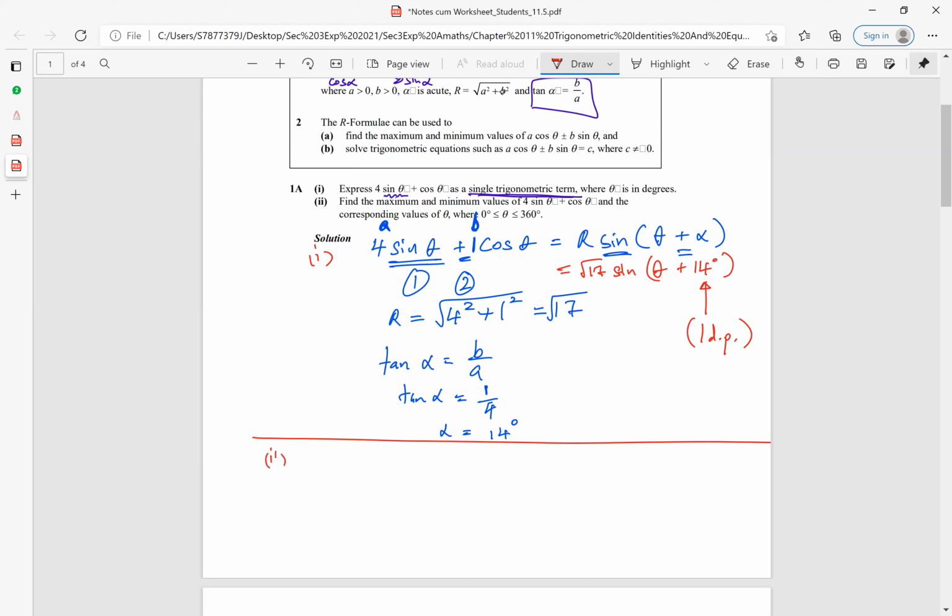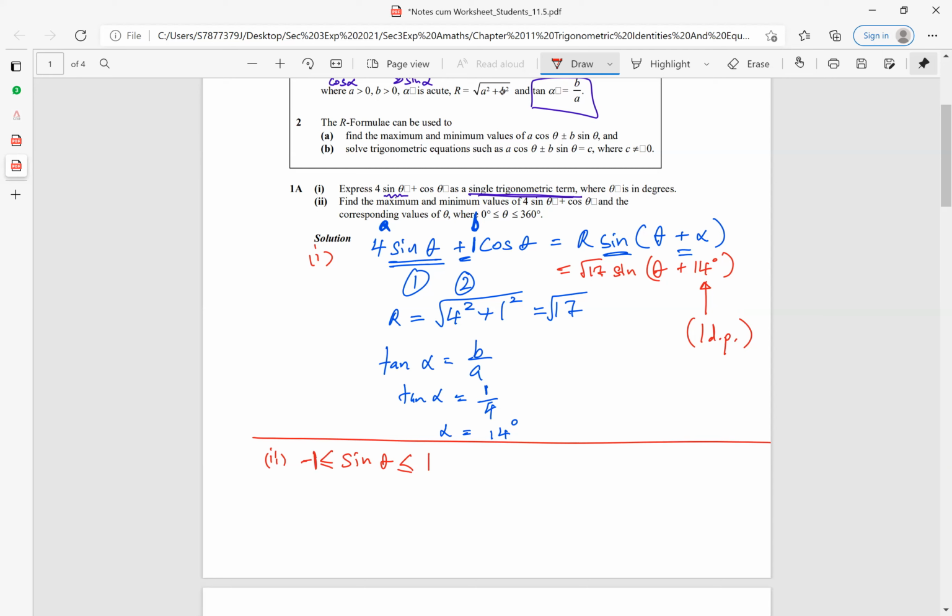Now, in order to do part two, you need to understand that sine has a lower boundary and an upper boundary. Sine is bounded by these two values, 1 and -1, based on your sine curve.